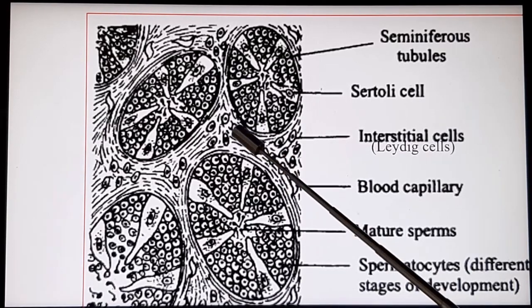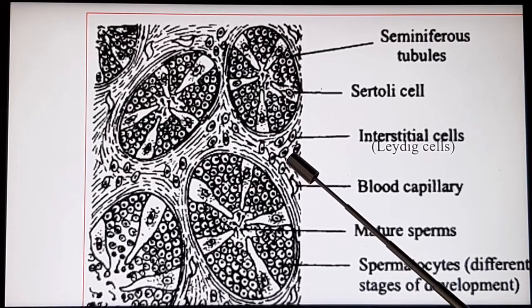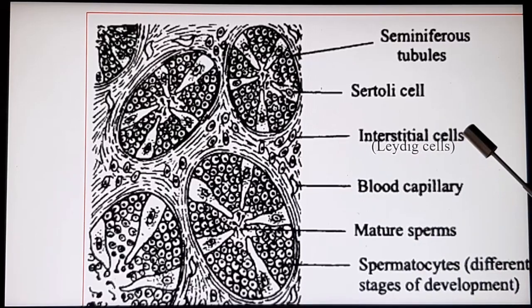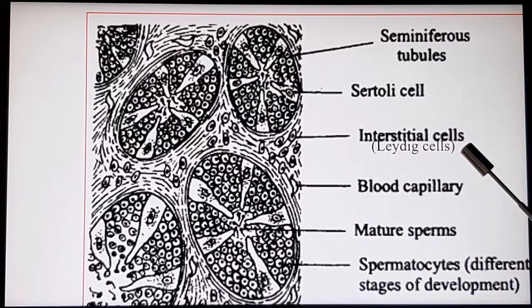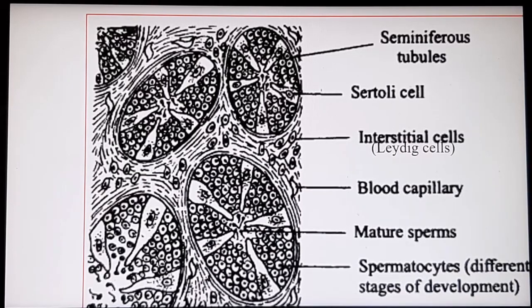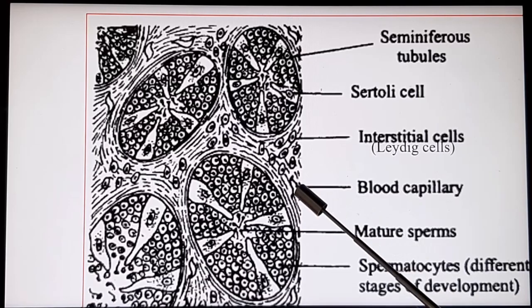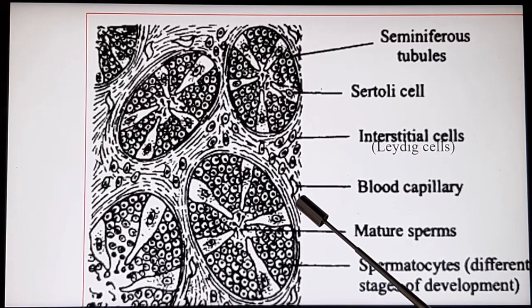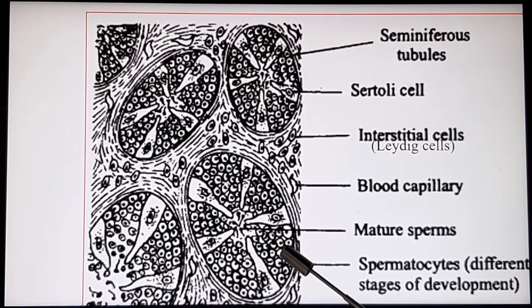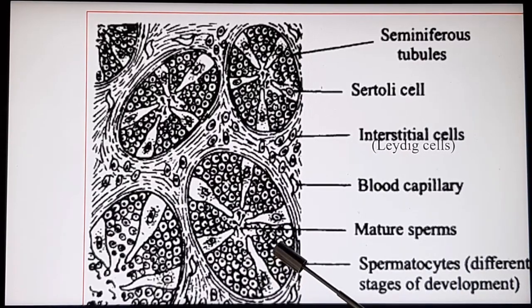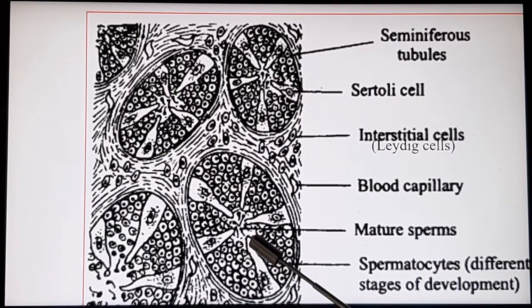The interstitial space consists of these cells called Leydig cells. Leydig cells are concerned with the production of male sex hormones. We can see the blood capillaries also in the interstitial space. And the germ cells include spermatogonium, spermatocyte, spermatids, spermatozoa.